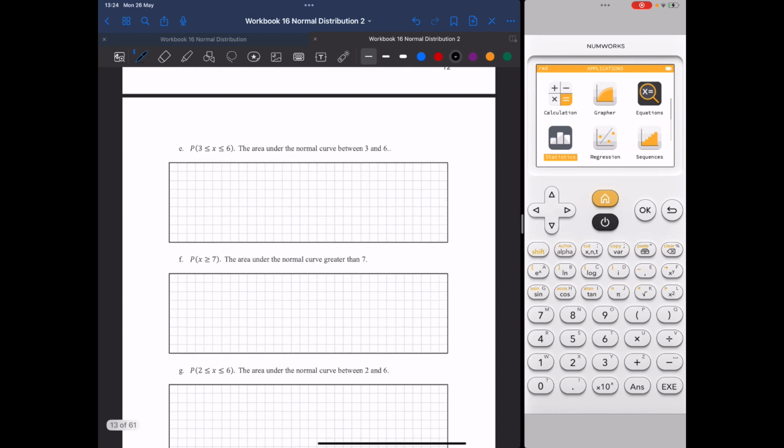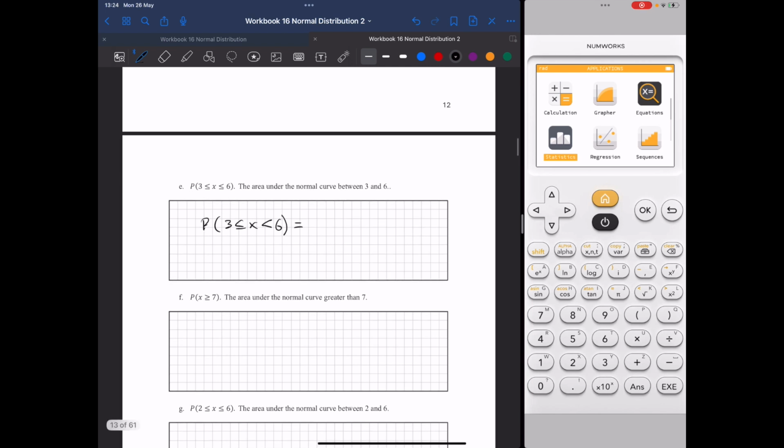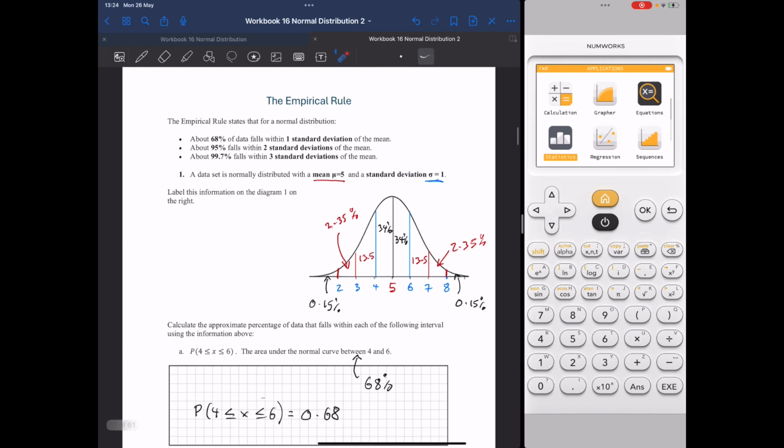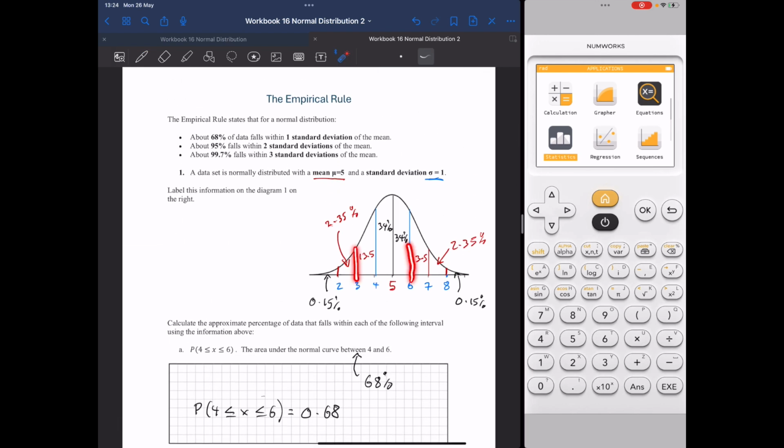Next one is between the numbers 3 and 6. We're going to look at that. Here's 3, here's 6. So we have to add these numbers up. That's my area here. So we'll go to my calculator.